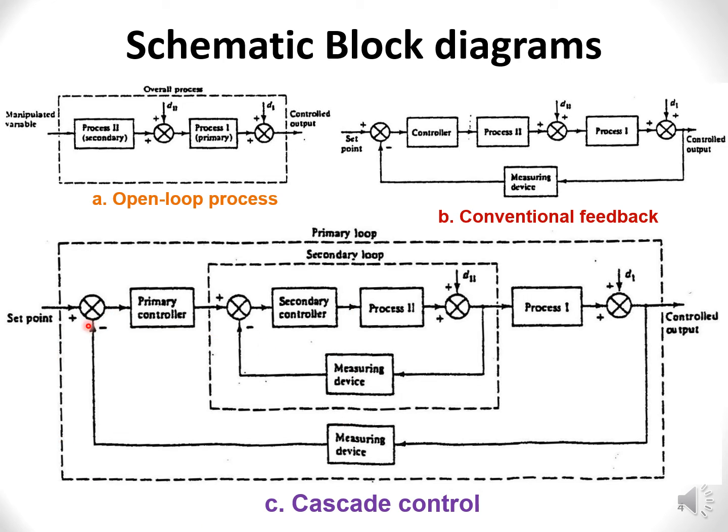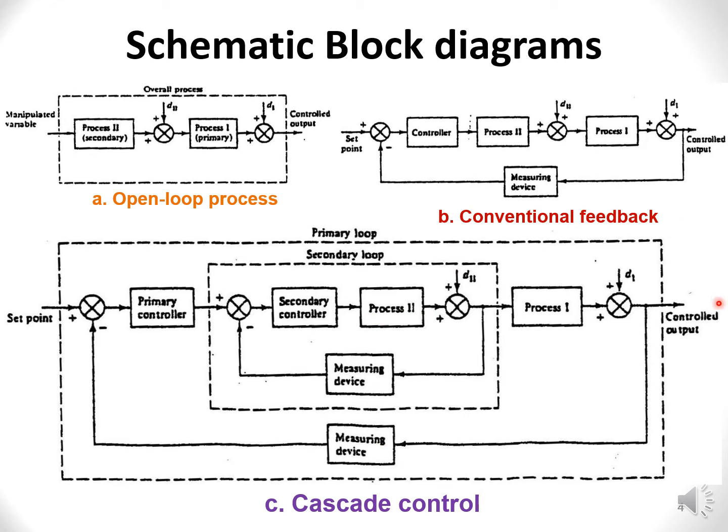So we can see here that the set point is given by you, the temperature of the reactor set for the primary controller, and then it is used to drive a set point here for the secondary controller, which is also normally a conventional controller, to drive the flow of the coolant inside the secondary loop.